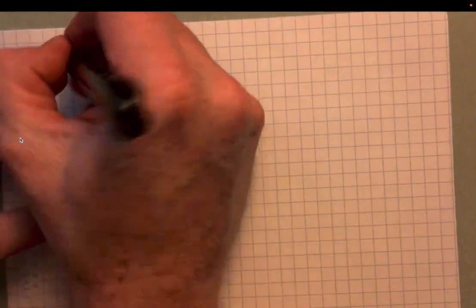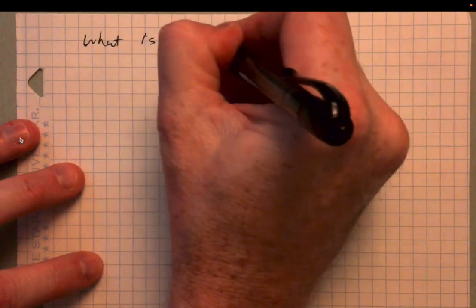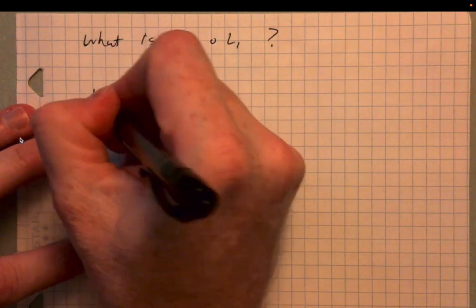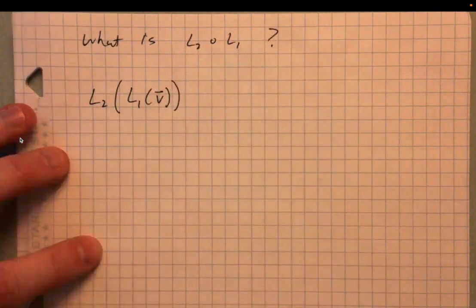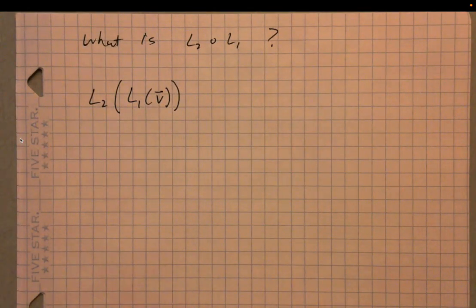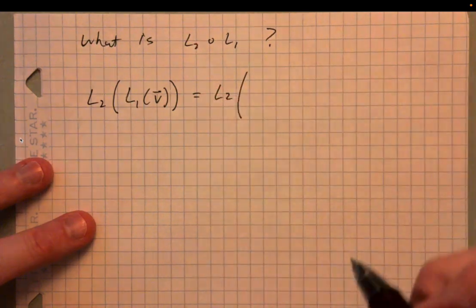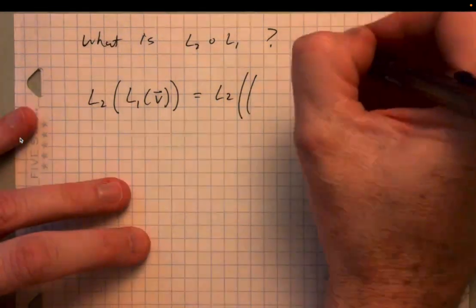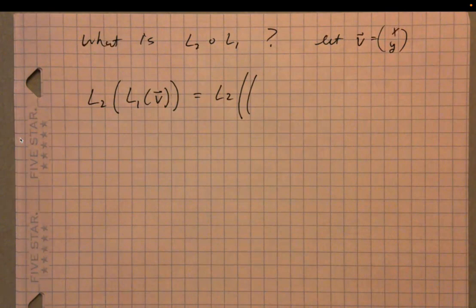So what is L2 composed of L1? Well, it looks like this, doesn't it? L2 composed of L1 of a vector v. That's going to be equal to L2 of the vector, let's say v is equal to xy. Okay, so we need to label this.